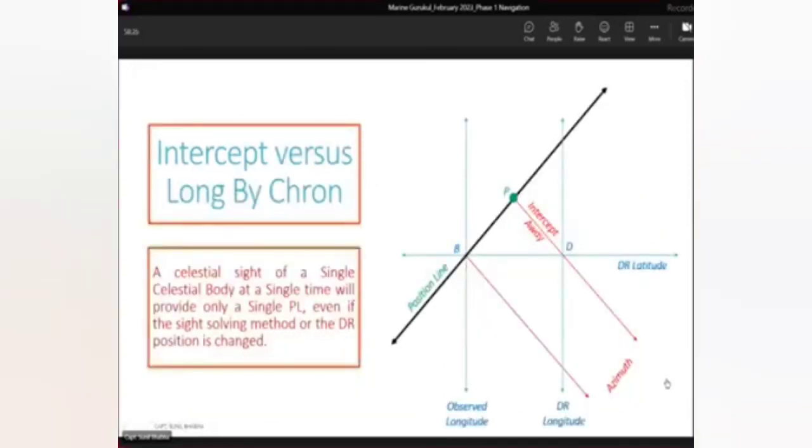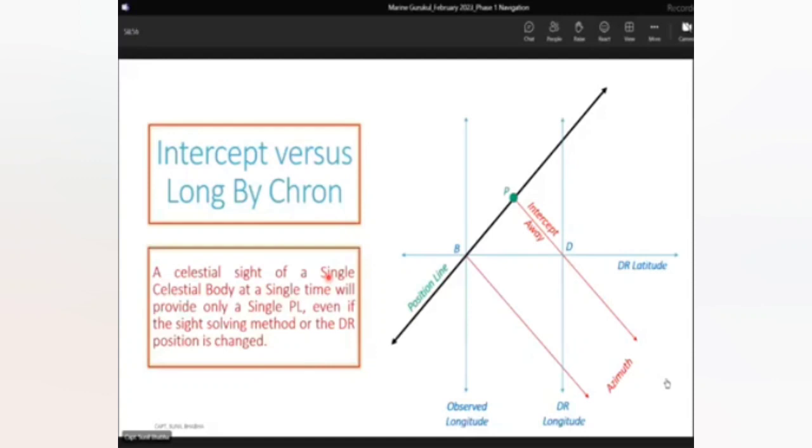Now, one important concept which I would like to clarify is the comparison between the intercept method and the long by chron method. Now, I told you that wherever we use the longitude by chronometer method, it is possible to use the intercept method also.